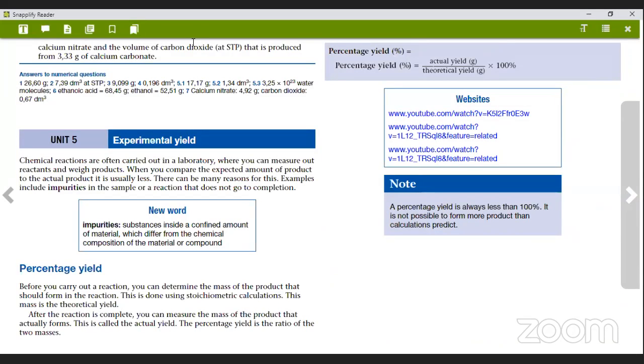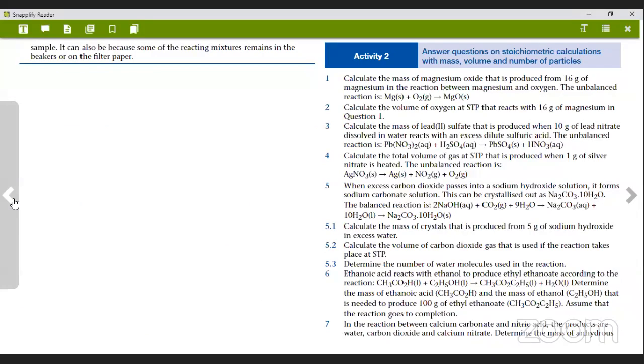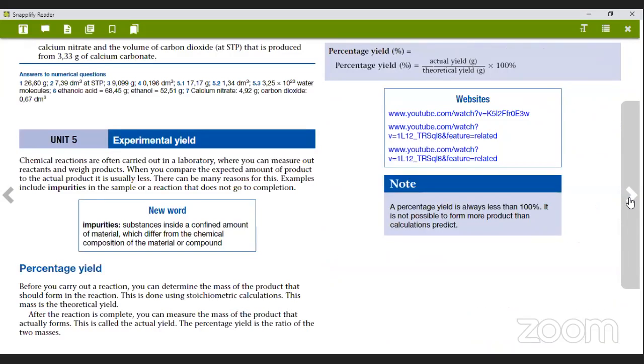Let's do these 3 problems tomorrow, and then I'll be able to go through them once again. Just to remind you that tomorrow we're going to be starting with Unit 5, experimental yield. I'm not too sure about this, but if it also has a lot of experiments, then we're going to move forward.